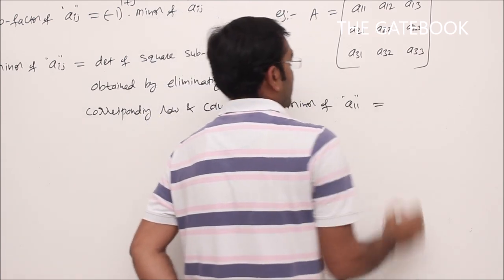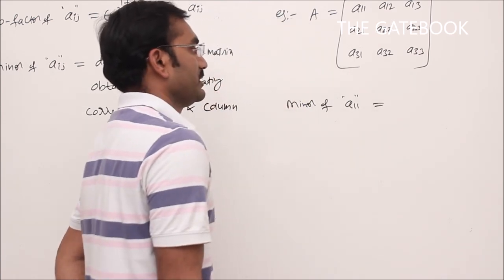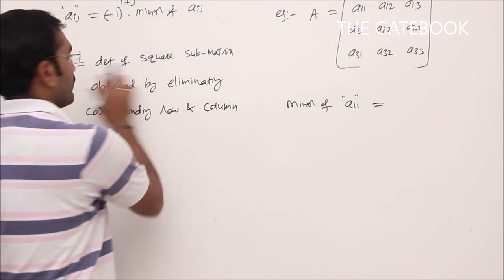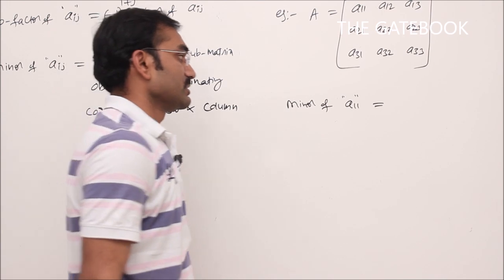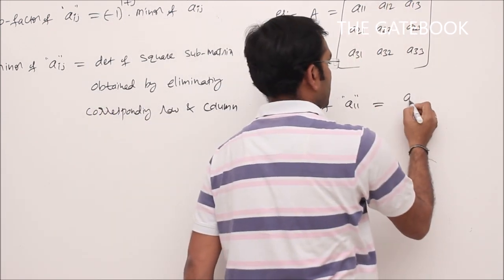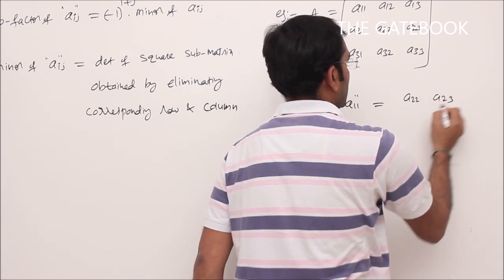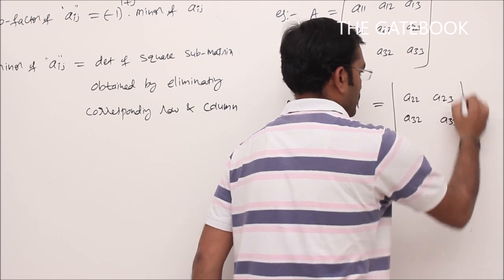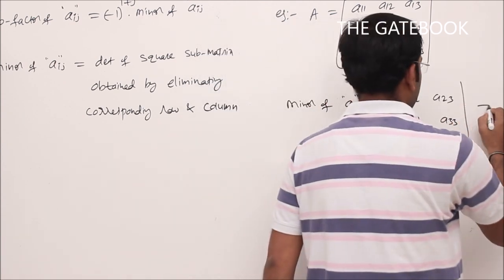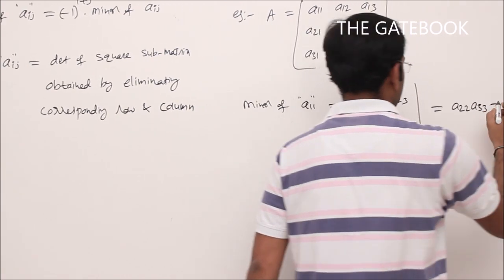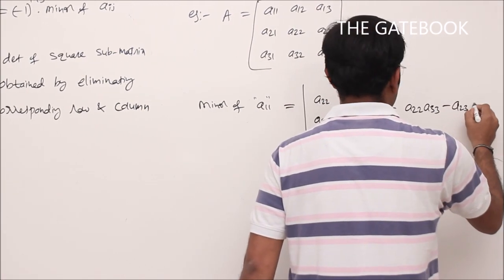It is the determinant of the square submatrix obtained by eliminating the first row and first column. Here i value is 1, j value is 1. So the submatrix is A22, A23, A32, A33. I can write this as A22 A33 minus A23 A32.